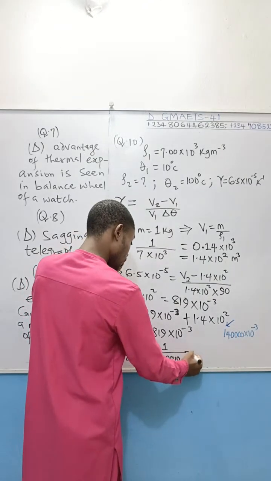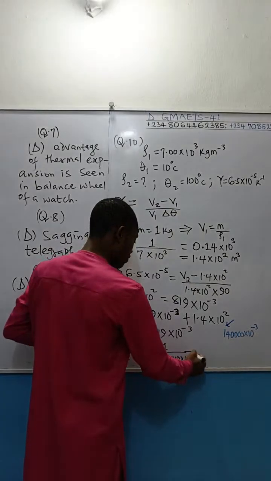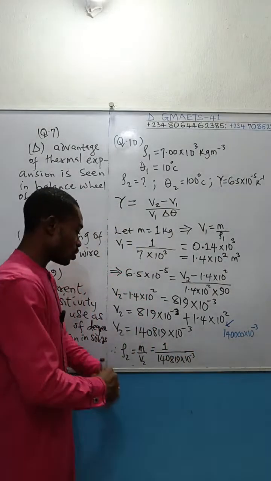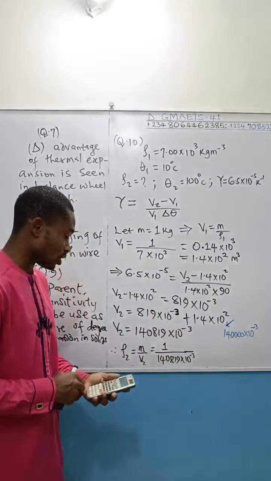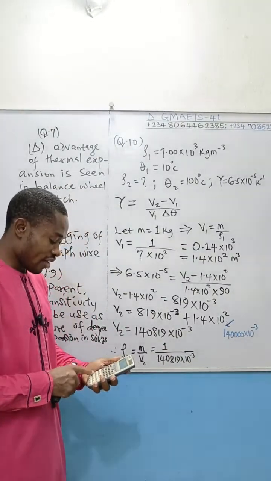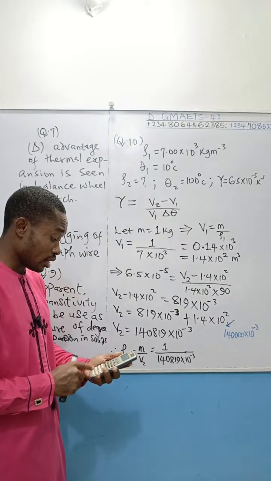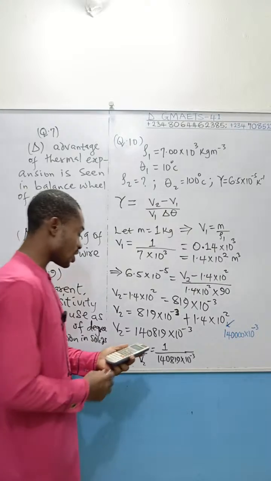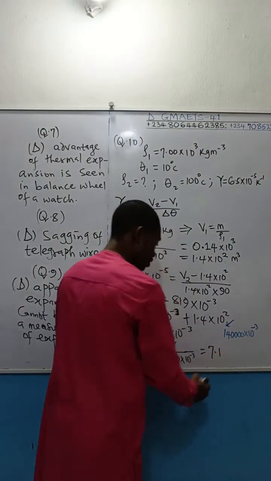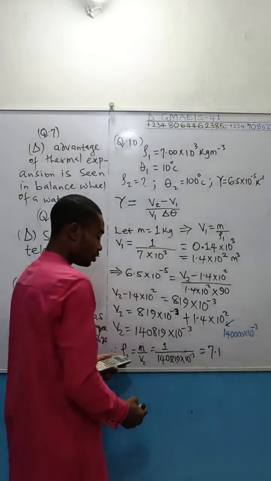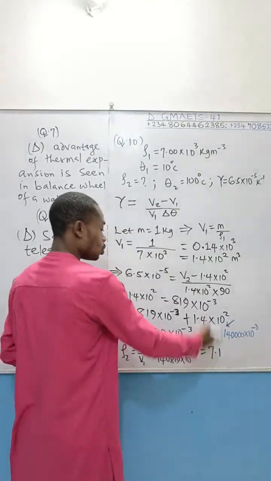140,819 times 10 to the power of minus 3. This will definitely go up, you know. So let's divide 1 by 140,819. 1 divided by 140,819. So it gave 7.1. Then this 10 raised to power minus 3 would go up, you know.